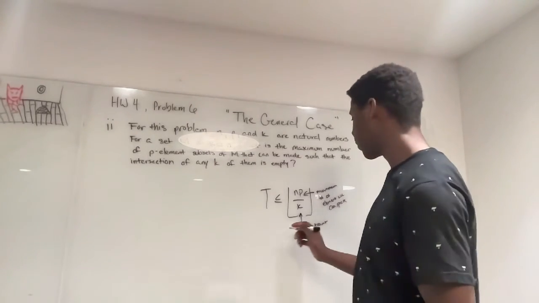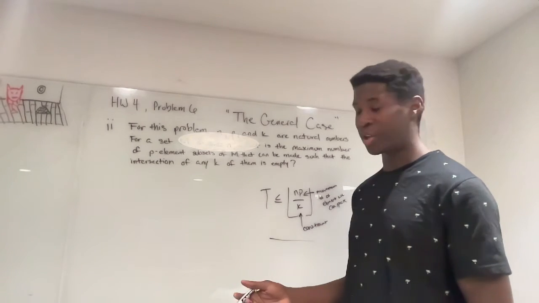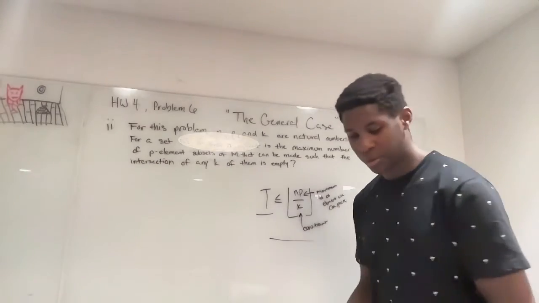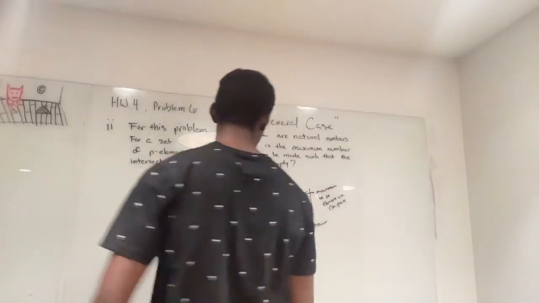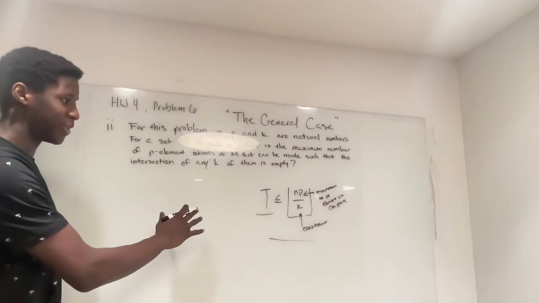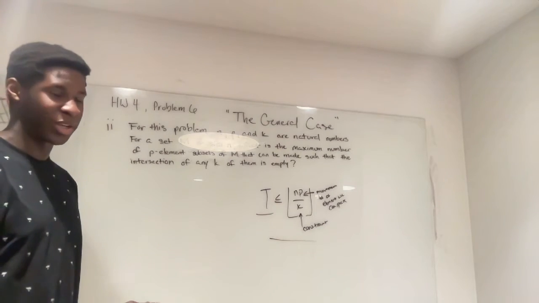We can show that this relation here works by demonstrating our method for actually creating the subsets T, the maximum number of subsets. So let's start by doing this. Let's write out a giant list with the maximum number of elements that we can use to select our subsets.